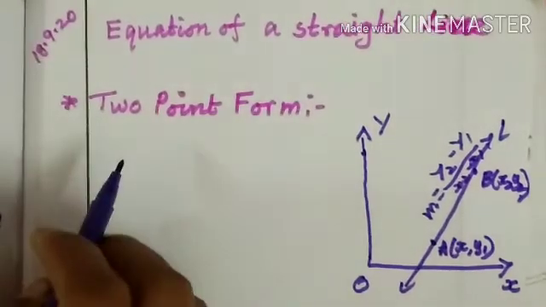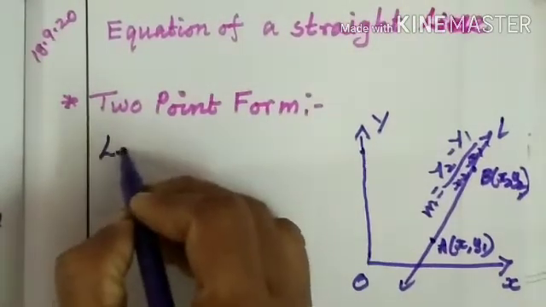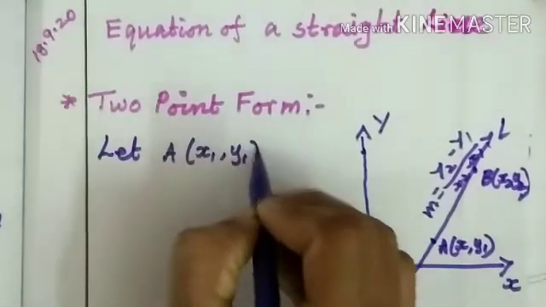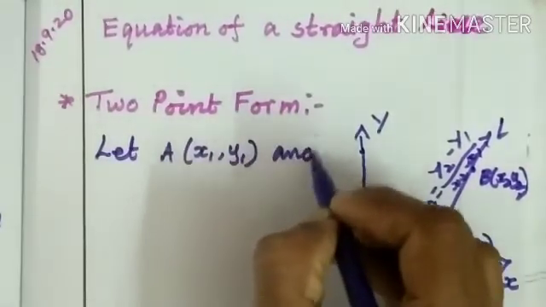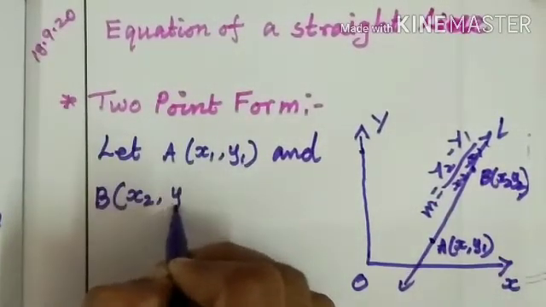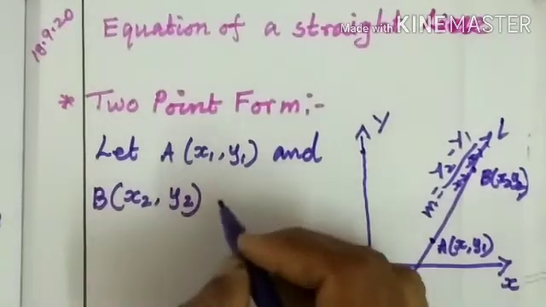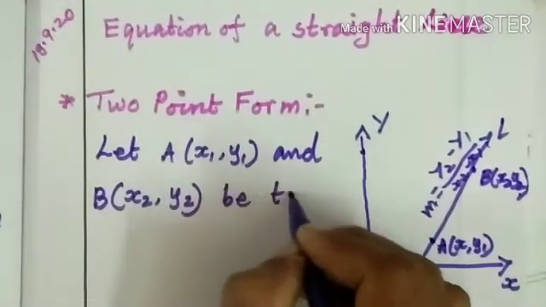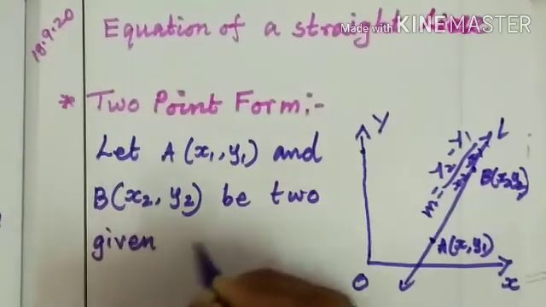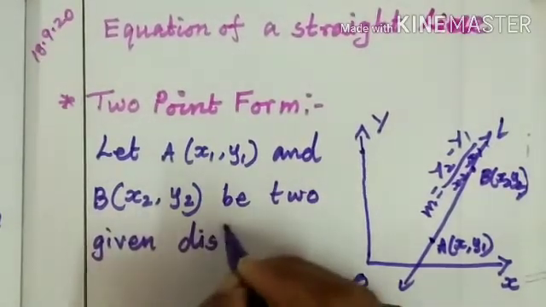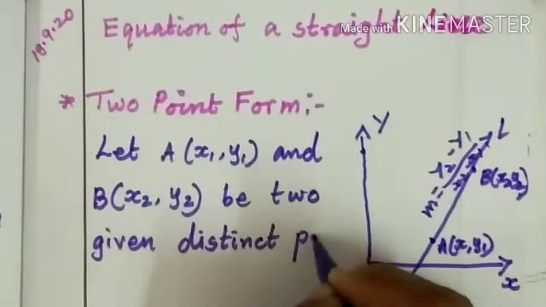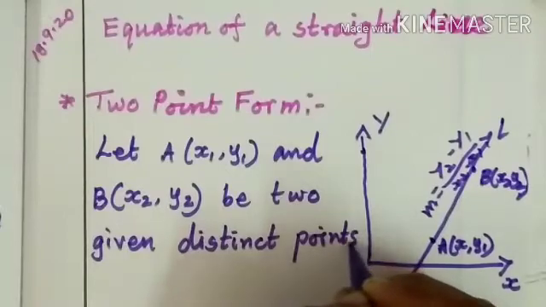Now you have to write the given. Let A x1 comma y1 and B x2 comma y2 be two given distinct points, that is different points.